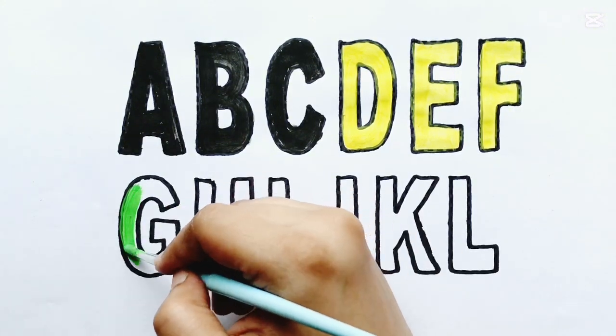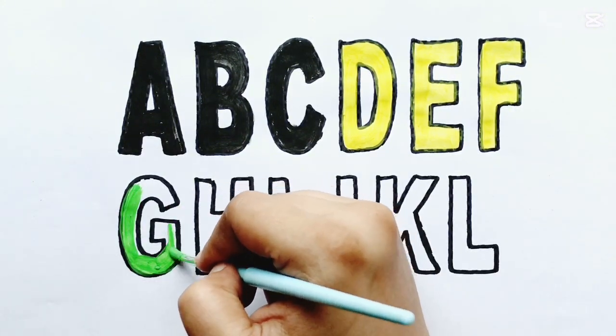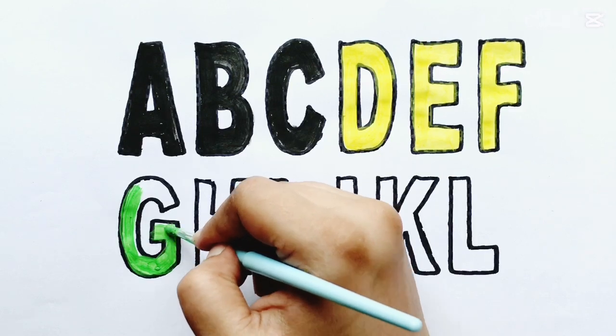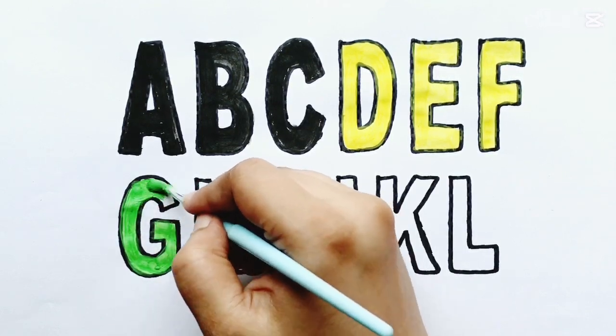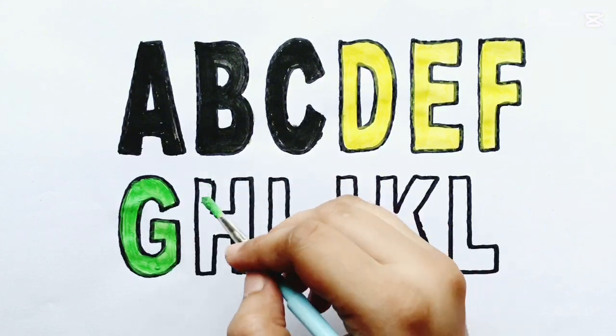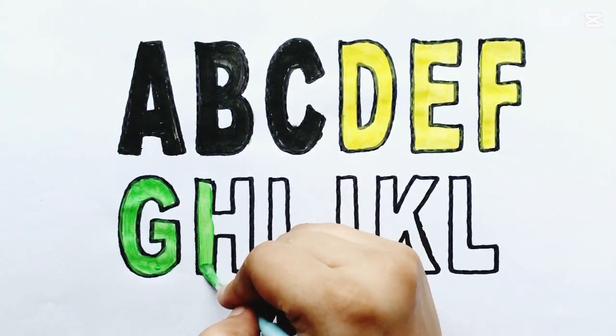Light green color. G for gorilla. H for horse.